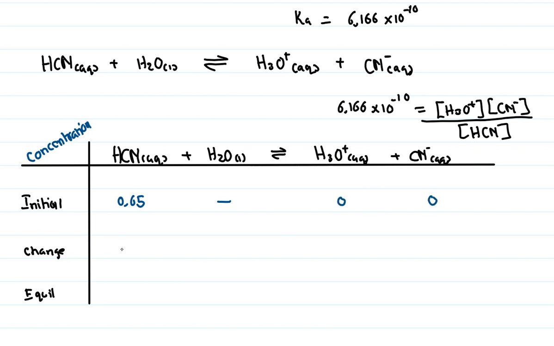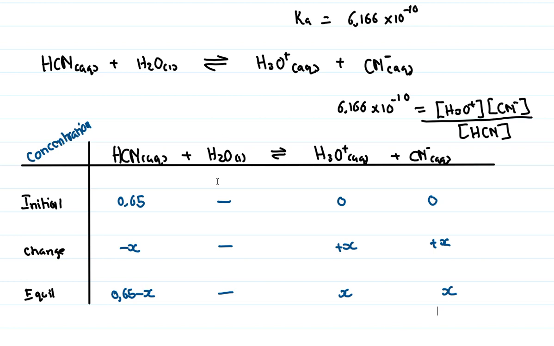And the change is going to be minus x, excluded, plus x, plus x. So the equilibrium concentrations are 0.65 minus x, and here we're going to have x and x.